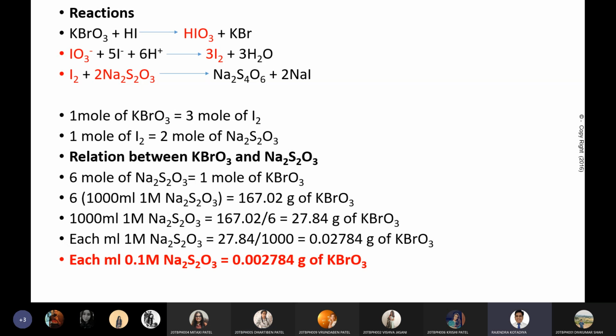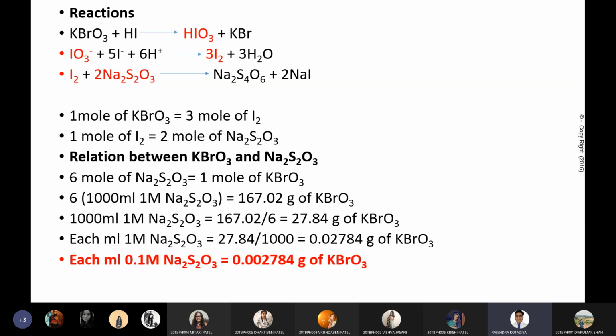Okay, so what will be the final equation? Suppose you represent the actual molarity of the Na2S2O3 solution as Y molar.